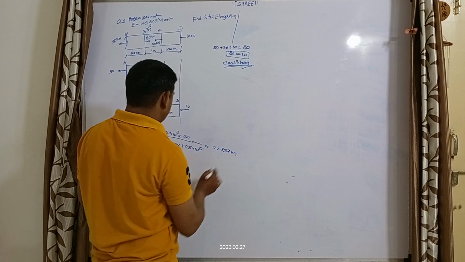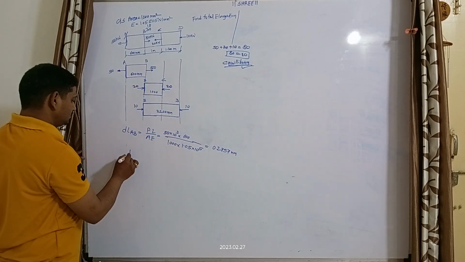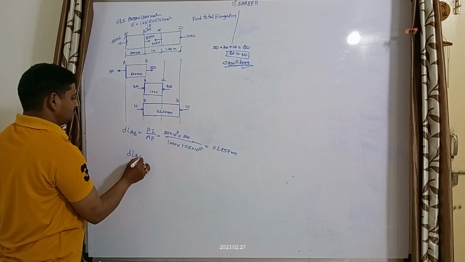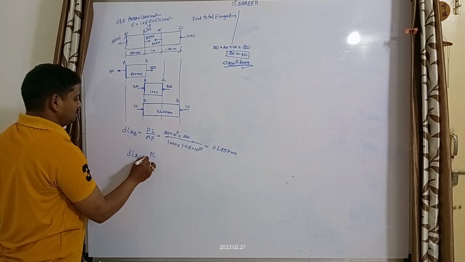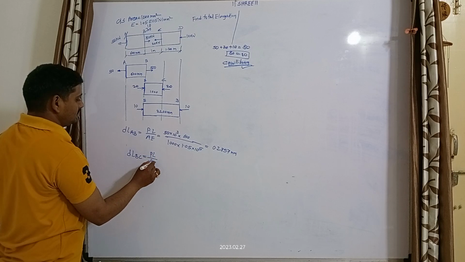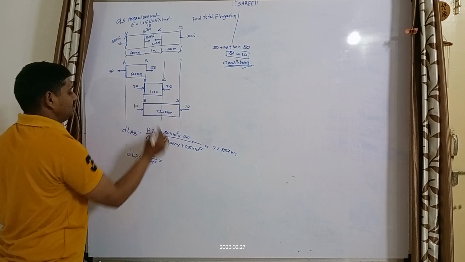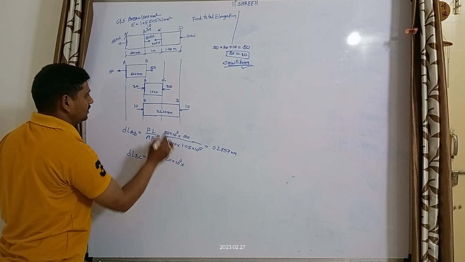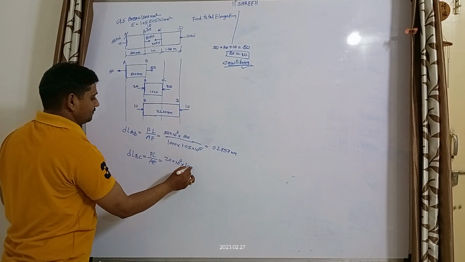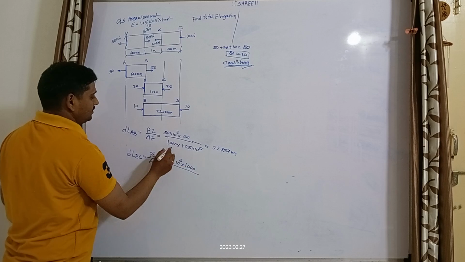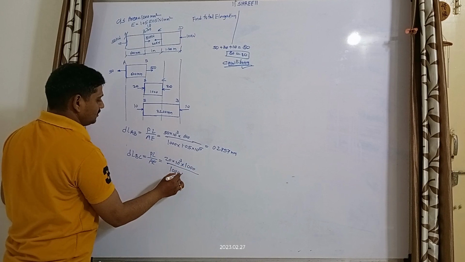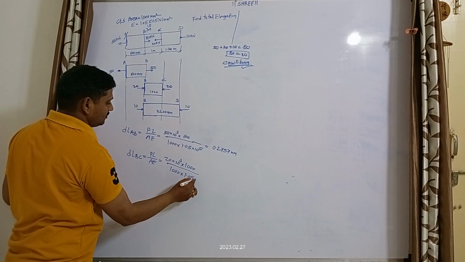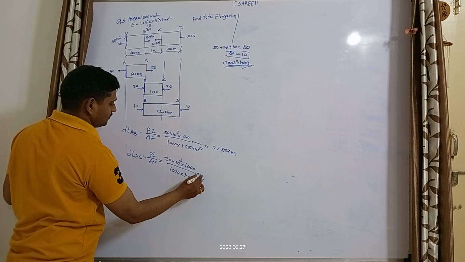mm. Now we are going to calculate the change in length for BC section, which is also nothing but PL by AE is equal to P is 20 kN, 20 into 10 raised to 3 into L is 1000, area is given as 1000 and E is given as 1.05 into 10 raised to 5.